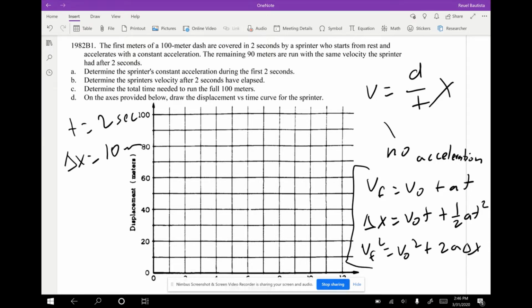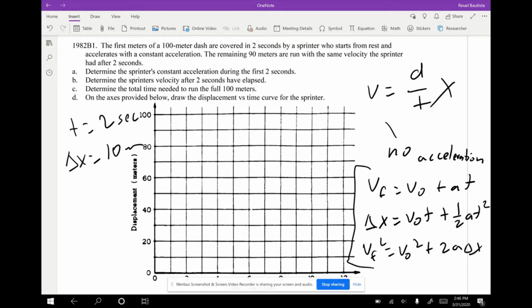We also know, and this is very important, because it says starts from rest, that the starting velocity is 0. Remember what I told you guys with any kinematics questions: as long as you know 3 of the things, you know everything. So I know time, I know change of x, and I know Vo.